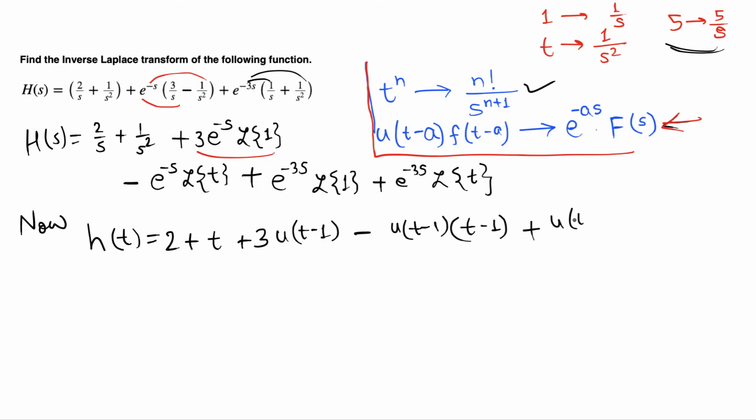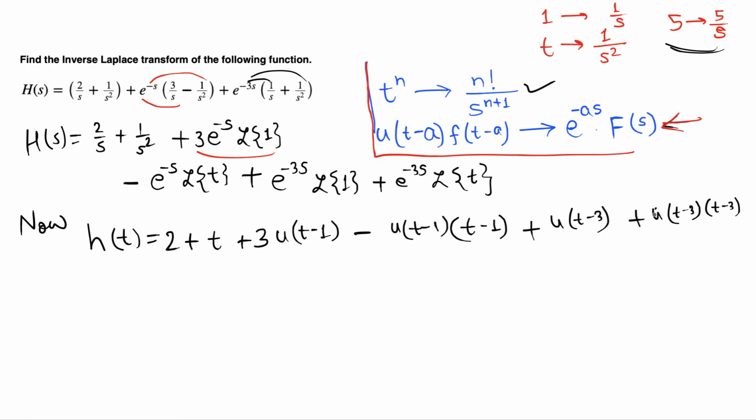This one becomes u(t minus 3). L of 1 is just 1, no need to write when we take inverse Laplace. Plus here is now u(t minus 3), and L of t, when we take inverse Laplace, is t minus 3.